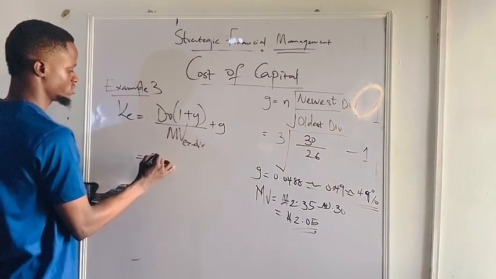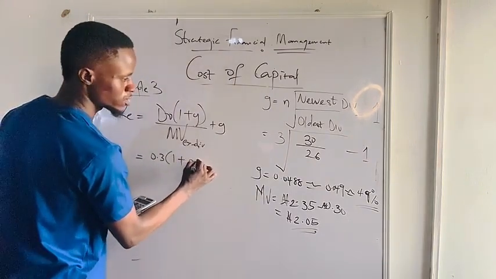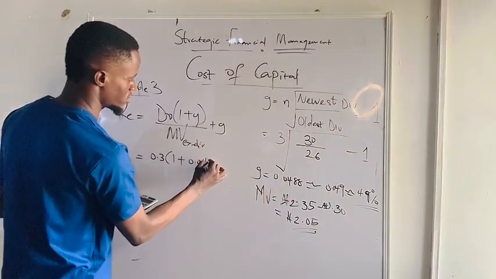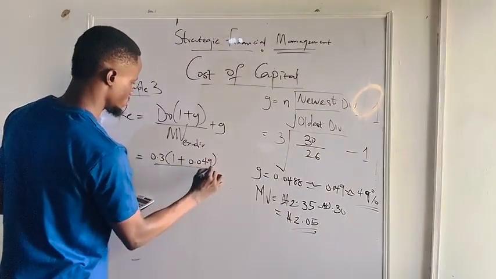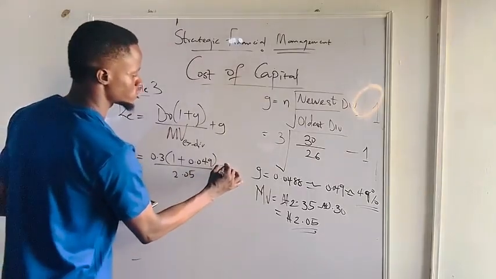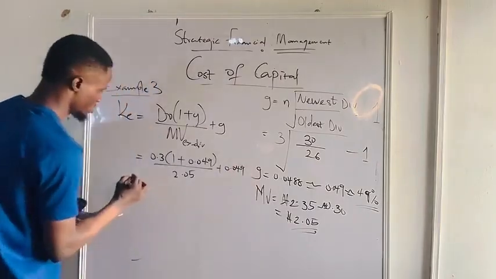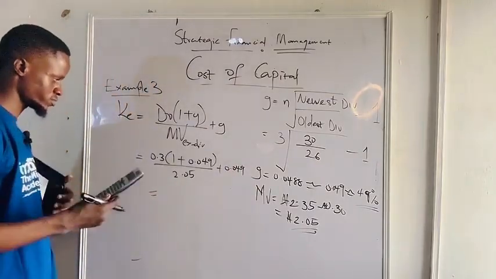Dividend for that year is 0.30, bracket 1 plus growth, 0.049, all over 2.05 plus 0.049.